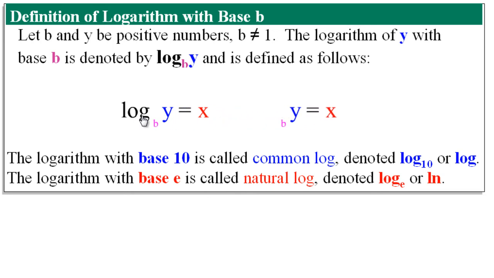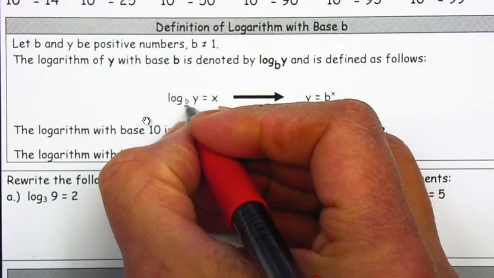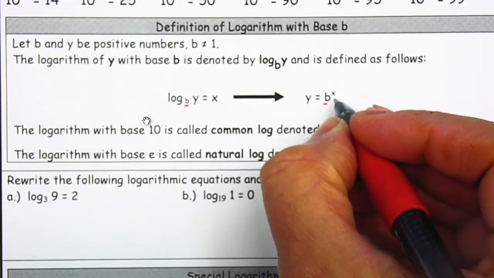The base for the log, this base, becomes the base for the x. So let me show it to you guys once again so you guys can visualize it. Basically, this is the base for the log, and it becomes the base for the x.